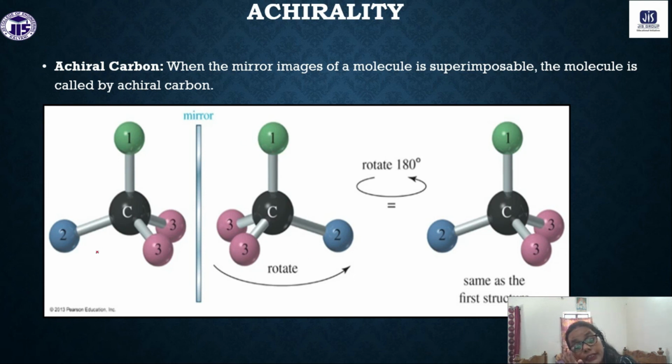If you want to superimpose it on this mirror image, all the atoms will be at the same position, in the eclipsed configuration. That means it will be superimposable. That is why it is called an achiral carbon.